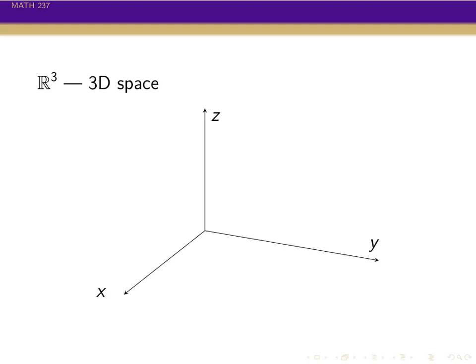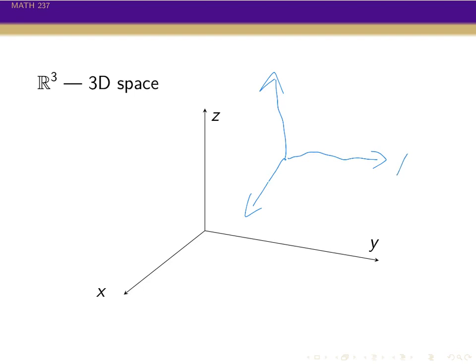Now the way that this is traditionally drawn on, say, a chalkboard, which we're not going to have all this term, but we will do our best, is we draw the axes out like this.